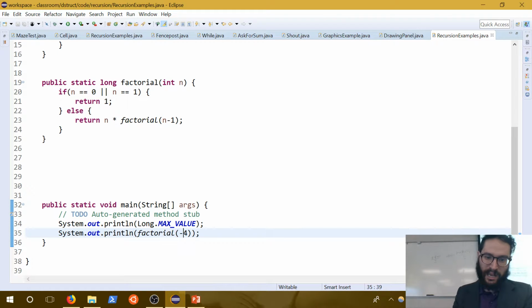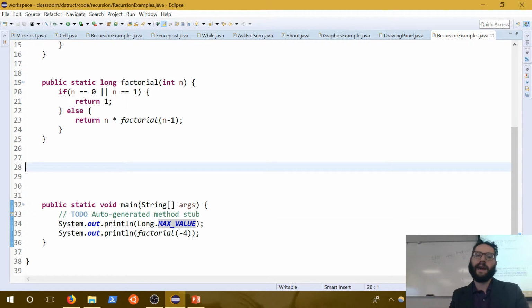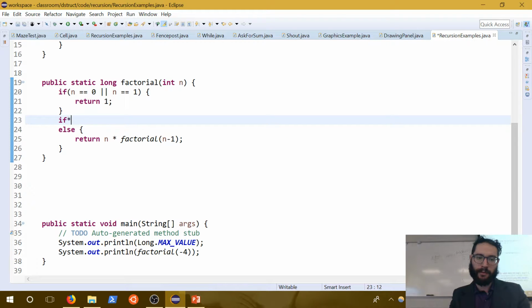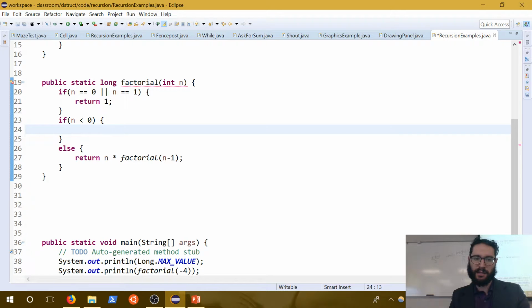So we need some way to handle that. I don't think there's a good definition for negative factorials, so all I'm going to do is say if n is less than 0, rather than giving an error, I'll just multiply the factorial by -1. So return -1 times factorial of -1 times n.